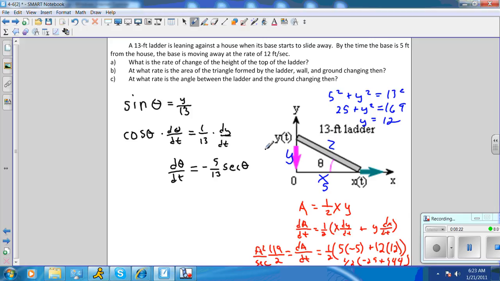Oh, we do know the angle, because we know what y is and we know what x is. So we could pull out regular trig.